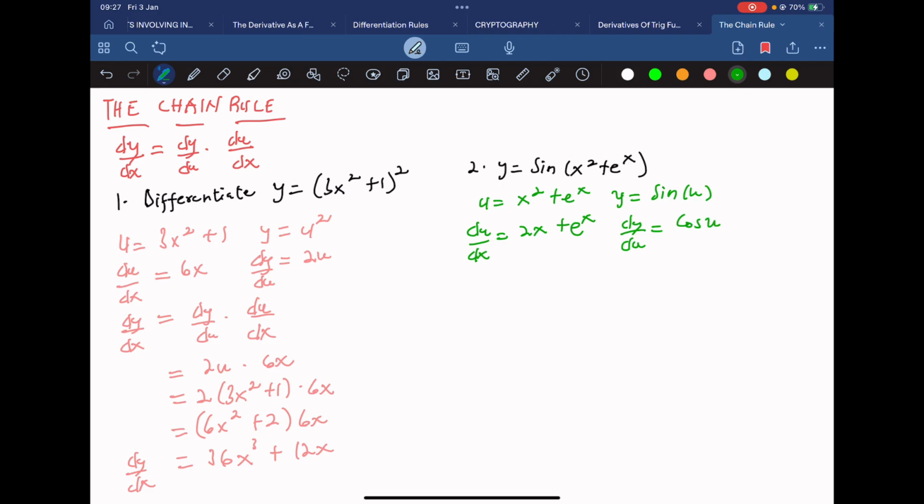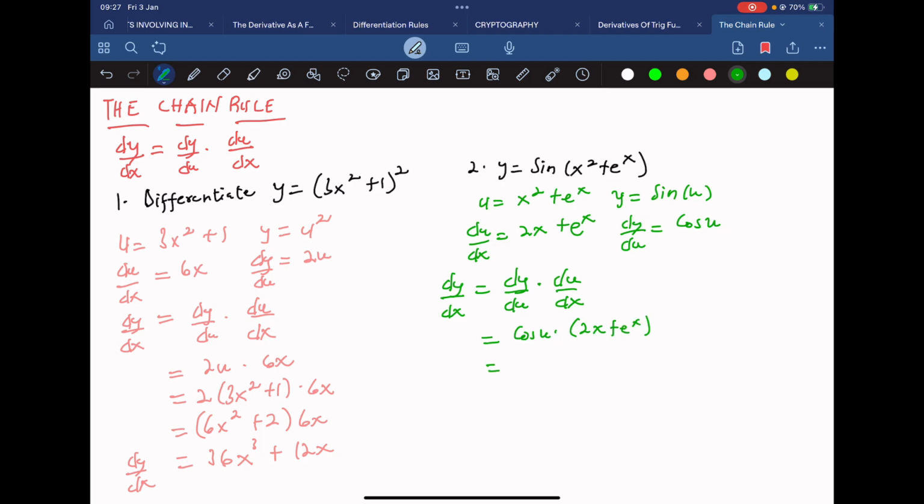So remember, dy/dx is dy/du times du/dx. So in this case, our dy/du is cos(u), du/dx is 2x + eˣ.